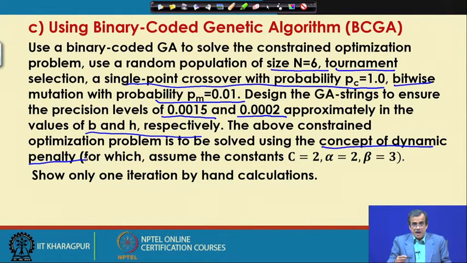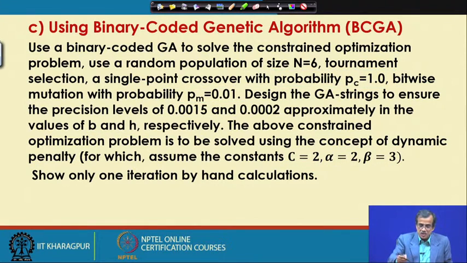If there is any violation of the functional constraint, that particular solution will be penalized using the principle of dynamic penalty, and we are going to assume that the constant C equals 2, alpha equals 2 and beta equals 3. I am going to show you through hand calculations one complete iteration of this binary coded GA to solve this problem. Now, let us see how to proceed with this.